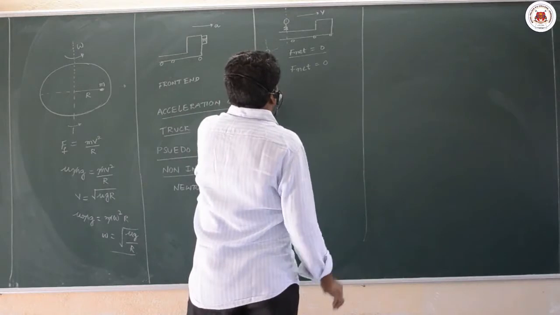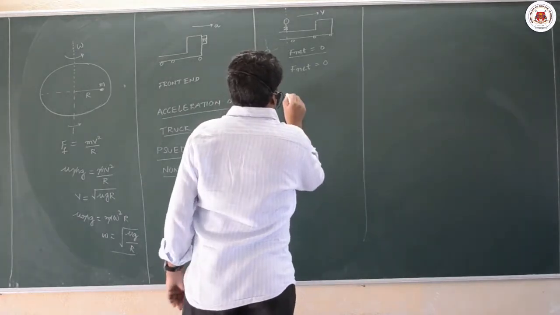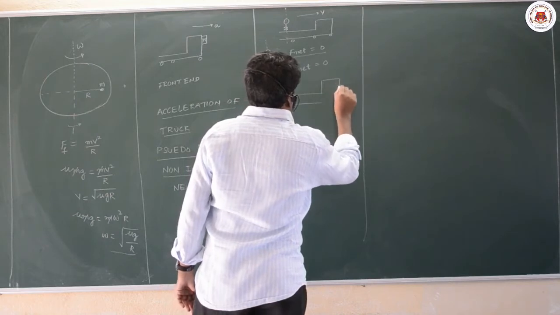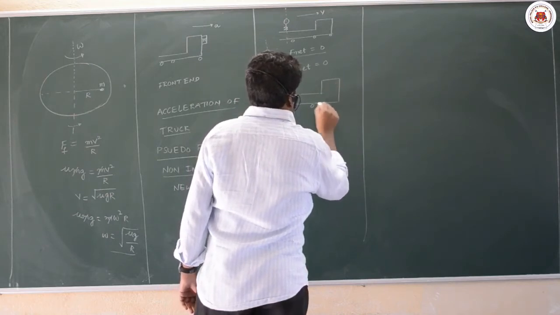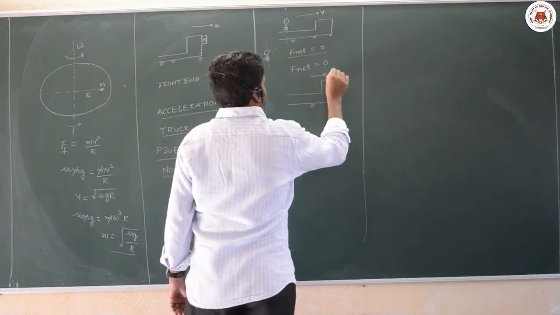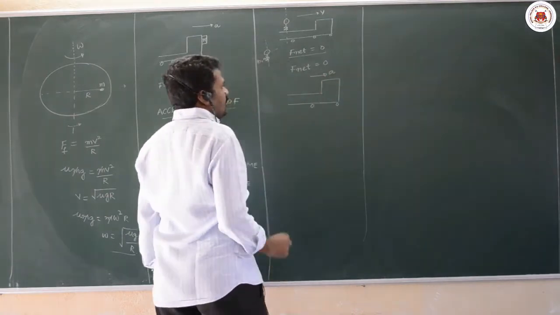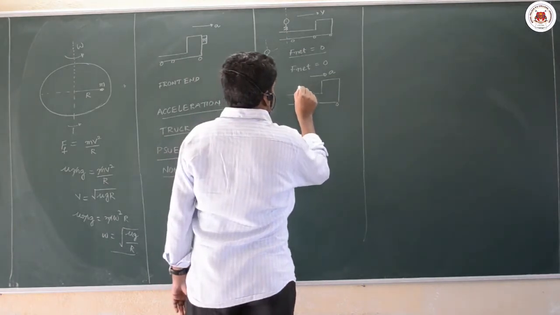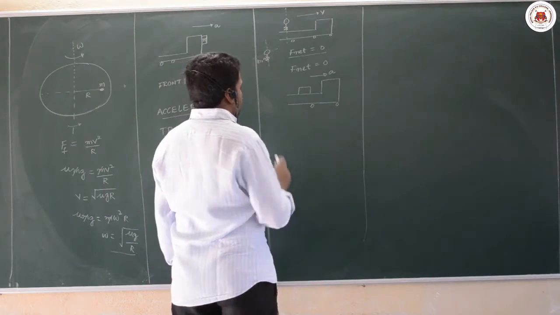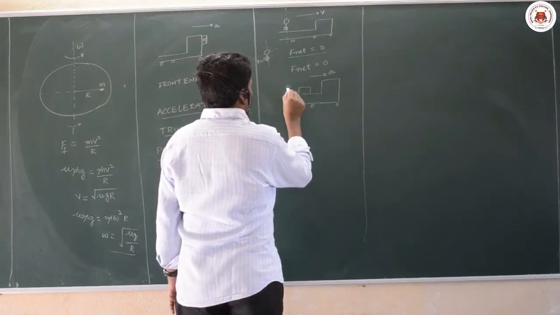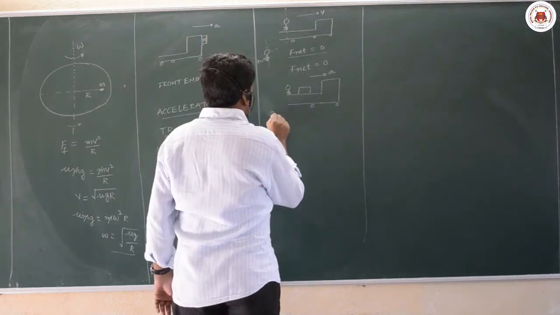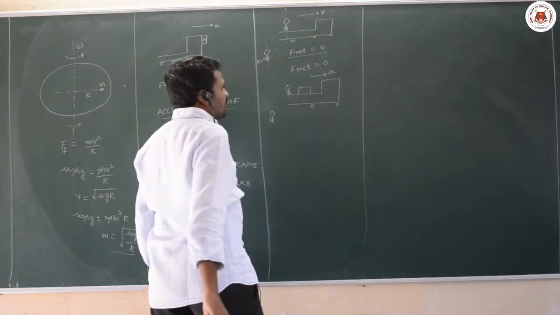Now, if you take an accelerated frame, suppose this body is moving with an acceleration a. Consider a block which is present in the accelerated frame, and consider a person present in that frame and another person present out of it.